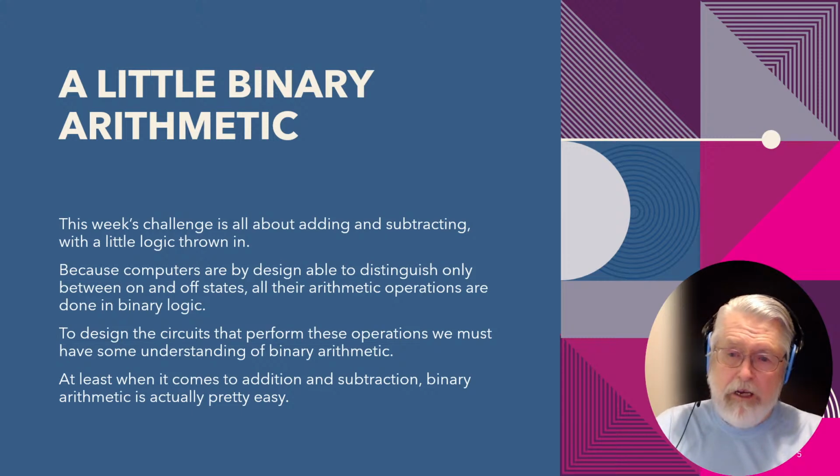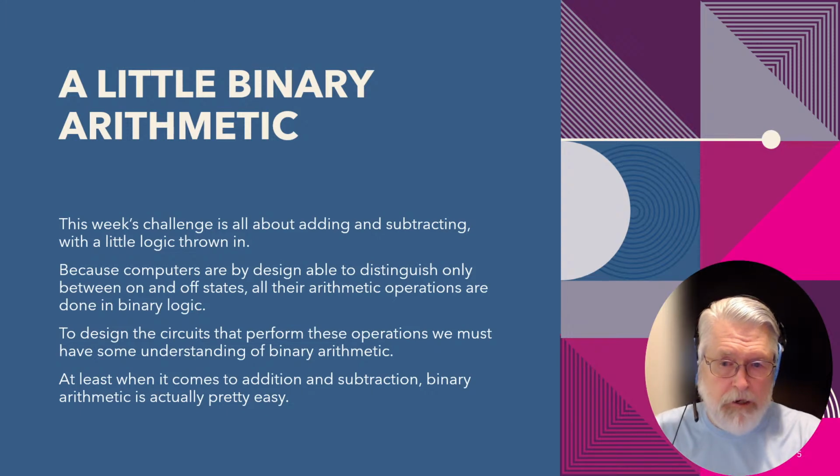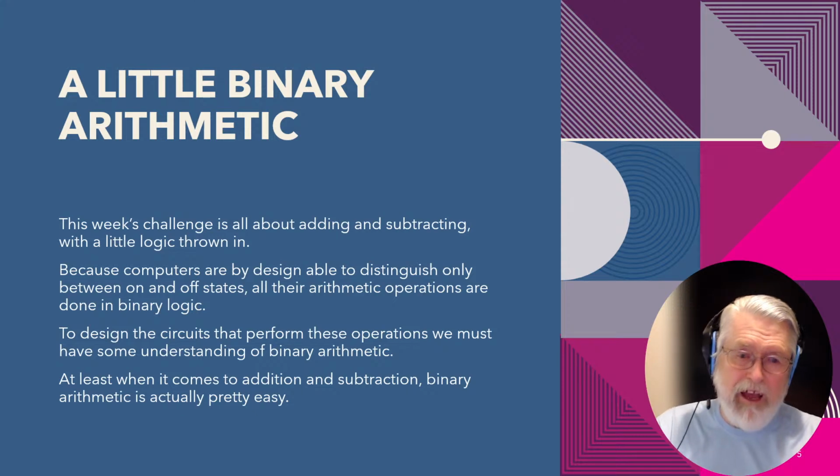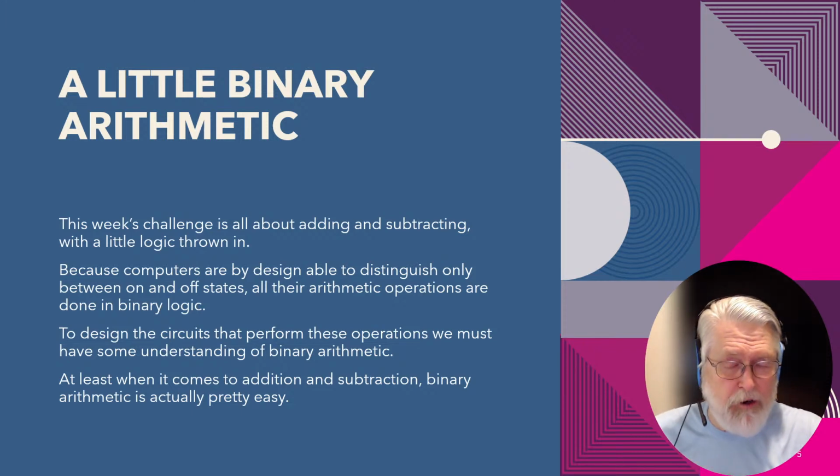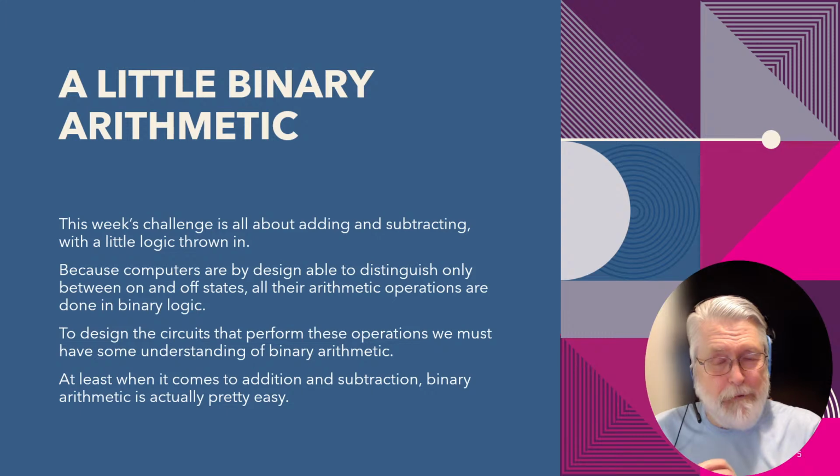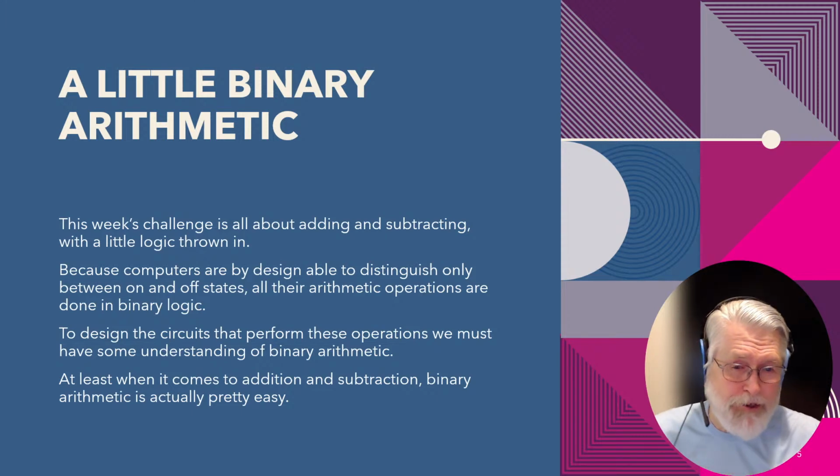At least when it comes to addition and subtraction, binary arithmetic actually is pretty easy. It is easier than adding and subtracting in decimal, because in decimal you've got 10 different digits that you have to know the sums for when those digits are put together. With binary, you only have 2 digits that you have to know the sum for.